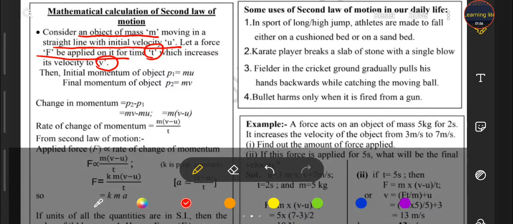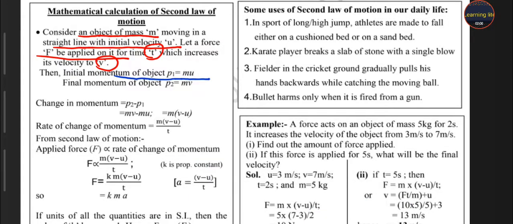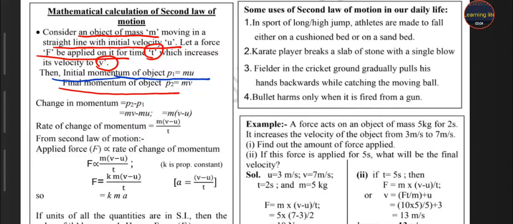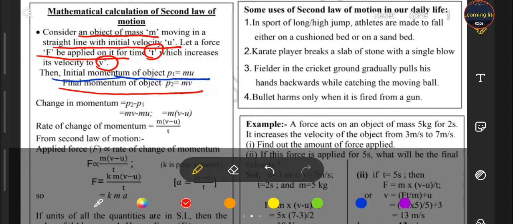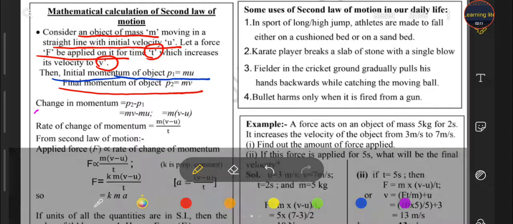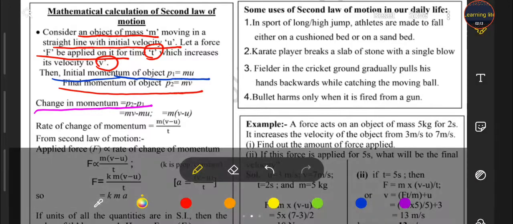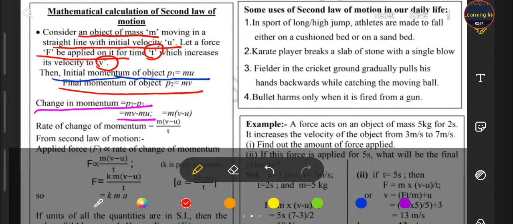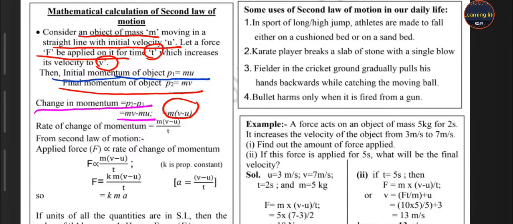So initial momentum p1 is equal to mu. Final momentum p2 is mv. What is the change in momentum, student? Change in momentum is p2 minus p1. p2 is mv and p1 is mu. So we get m(v minus u).